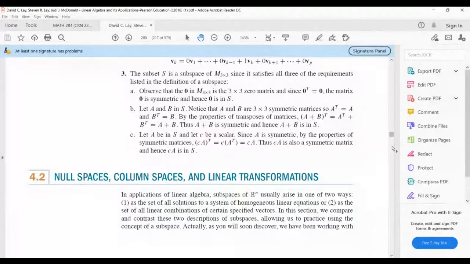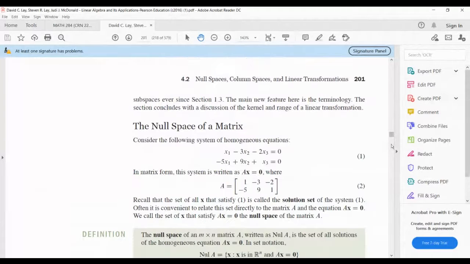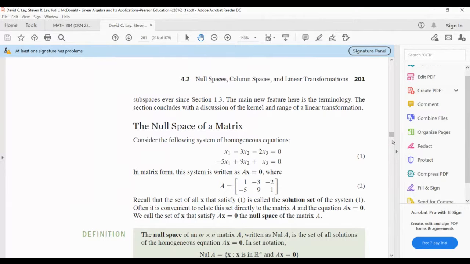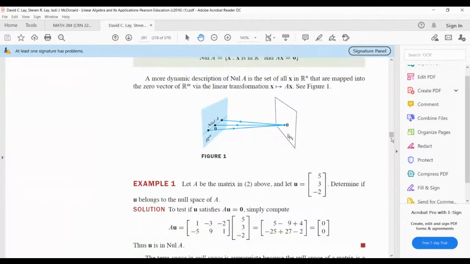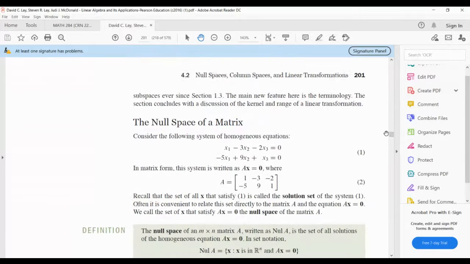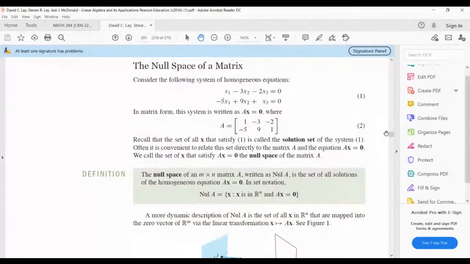Hang on, I'm going to have to find out how to do this. I need a little more control going down the page. Okay, that'll work. I'll use my cursor.